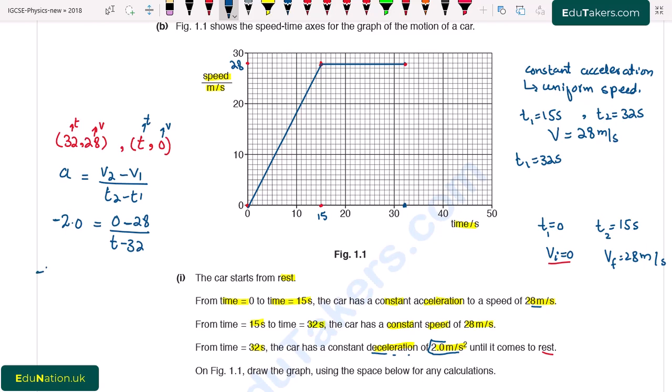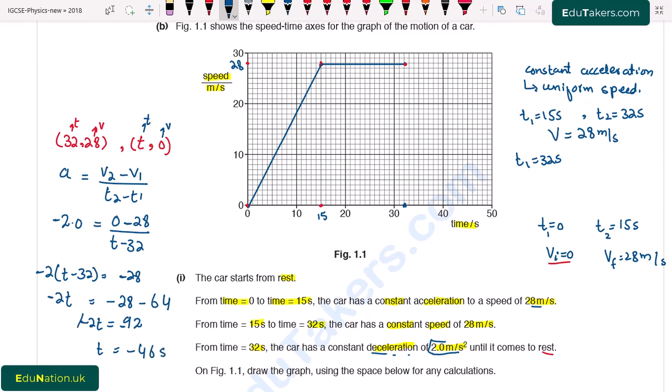Now I am going to cross multiply this. So the value of time comes to be minus 46 seconds.